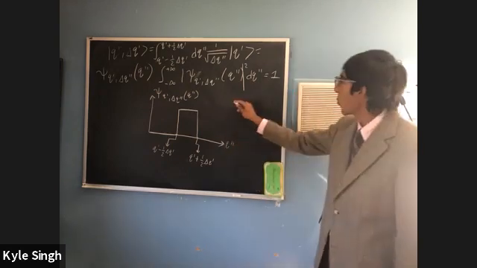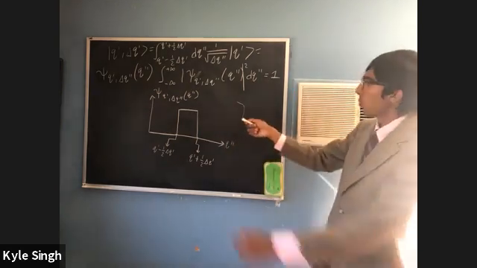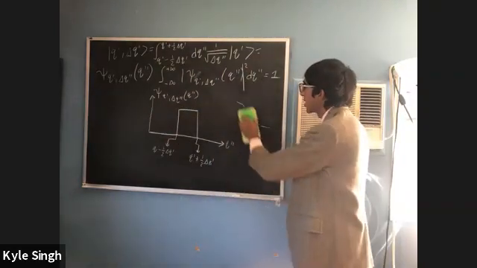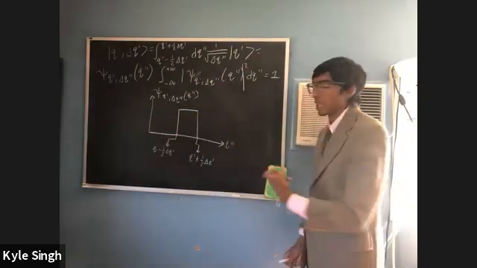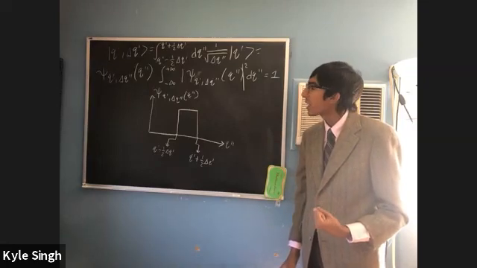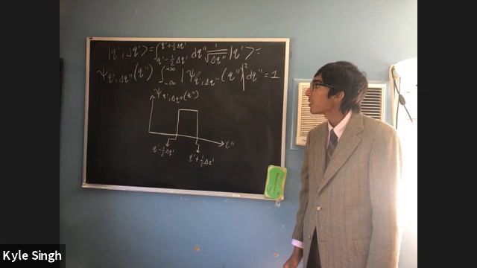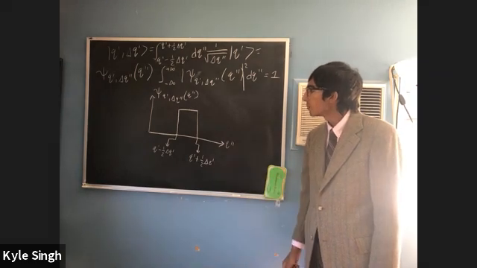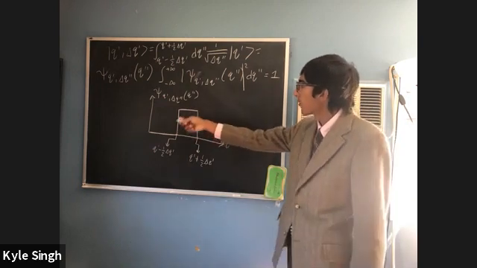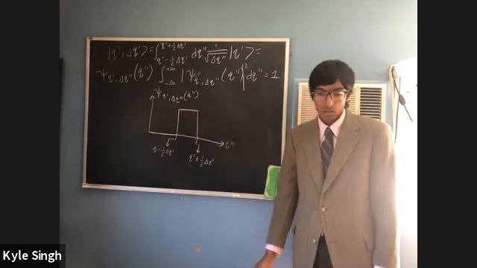If I had something way more spread out, I would be a little more concerned about the definiteness of my position space. This is kind of nice. It's zero everywhere and it's kind of definite in this area.